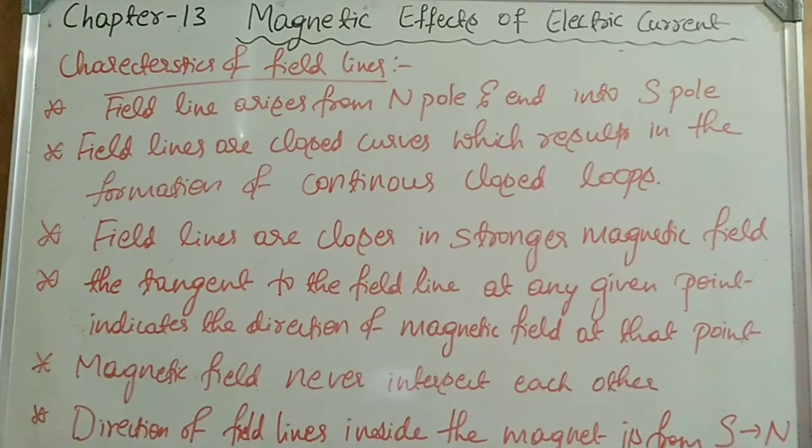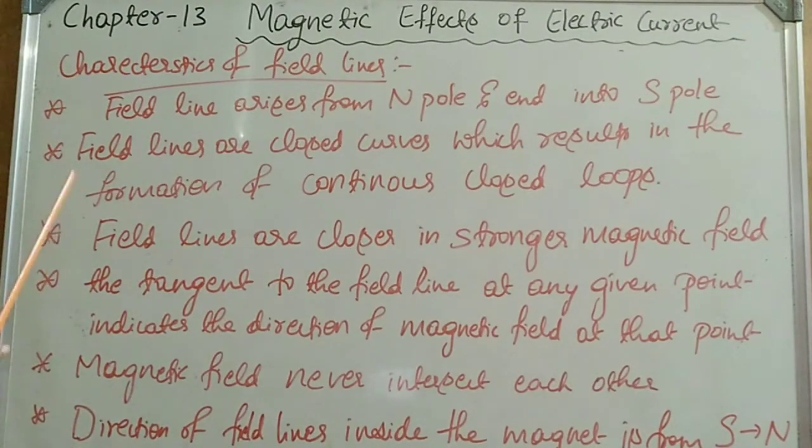So by looking at the diagram, we can figure out that field lines arise from the north pole and end into the south pole, right? And when we draw the direction of these marked points from the compass, we saw that field lines are closed curves which result in the formation of continuous or running closed loops.